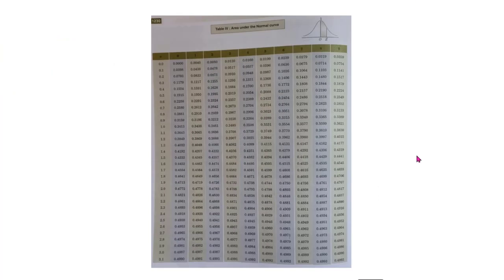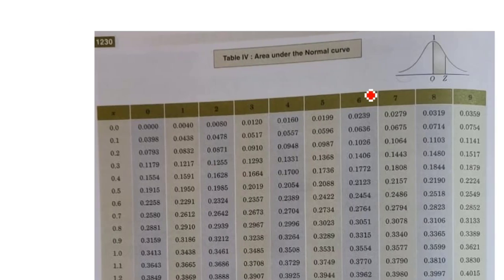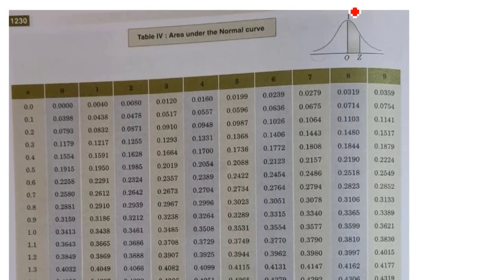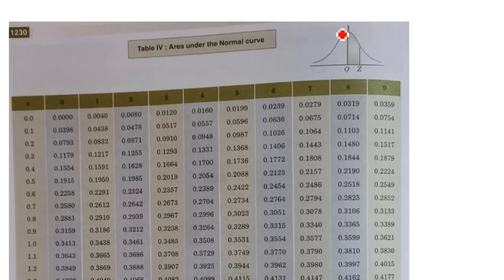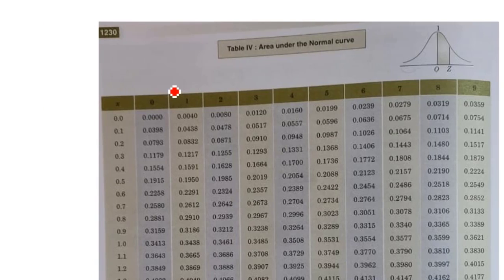It is the normalized Gaussian PDF. Always the area will be 1.